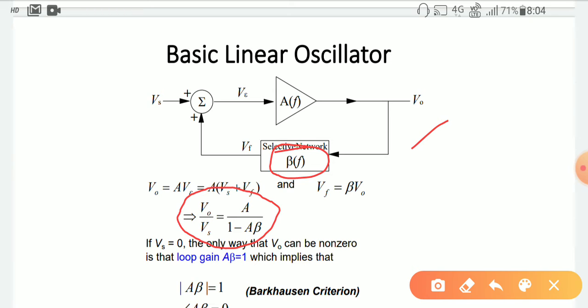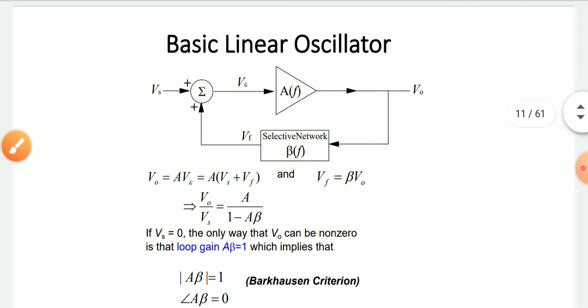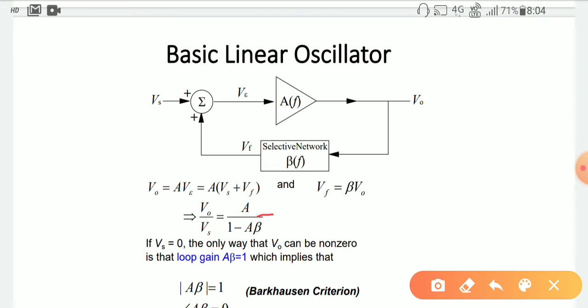If you concentrate on that particular equation, Vs is equal to 0 only when A beta is equal to 1. Why does this happen? Because when A beta is 1, then 1 minus 1 is 0. So if you compare these two ratios, Vs under that condition will also be 0.